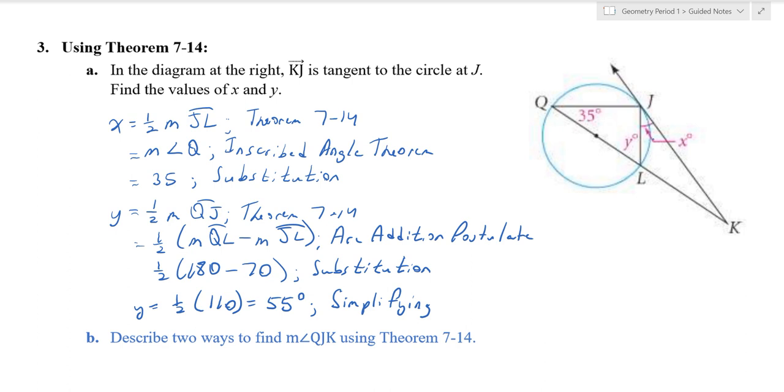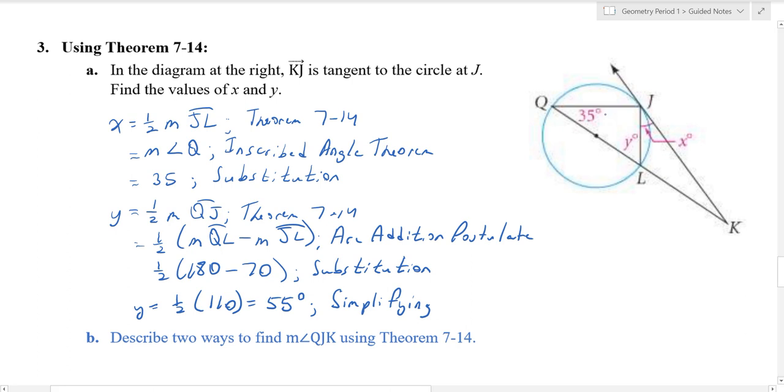We can say that it is twice the inscribed angle, so 35 plus 35 is 70. So we just say 180 minus 70 by substitution, and the rest is just some calculations that we can do.